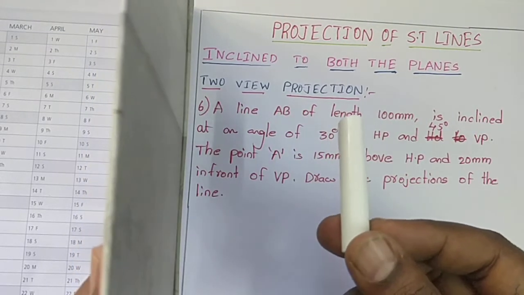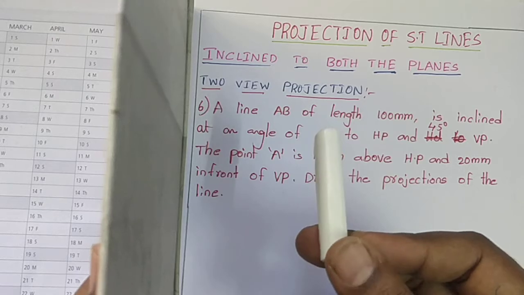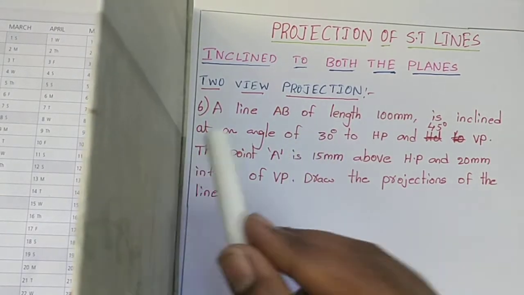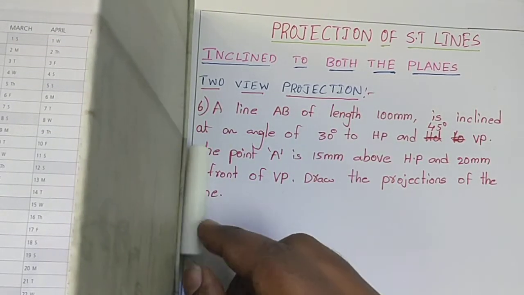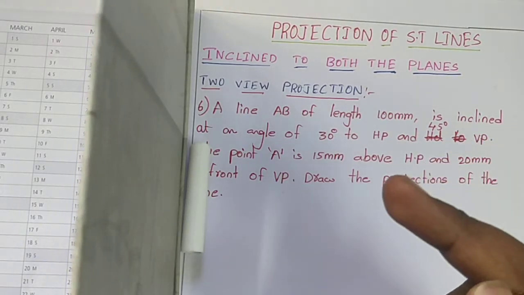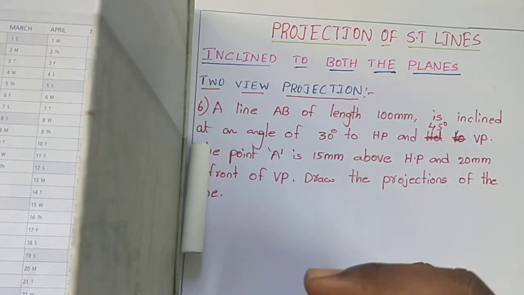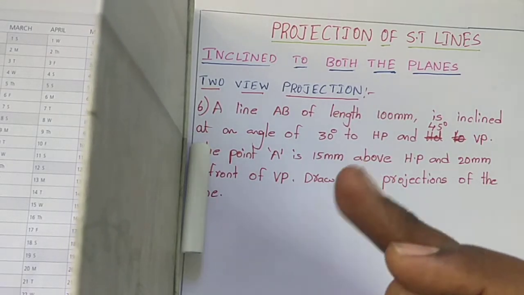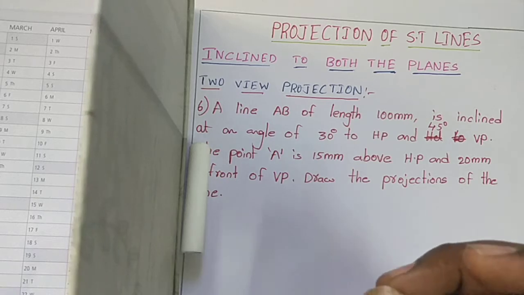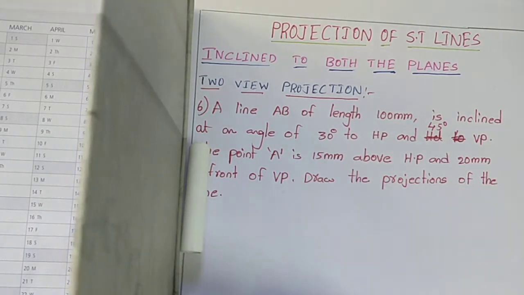It is inclined at an angle of 30 degrees to HP. Now I am placing this straight line on the reference line. That means it is parallel to both HP and VP, and it is on XY, that is 0 mm from VP and 0 mm from HP.